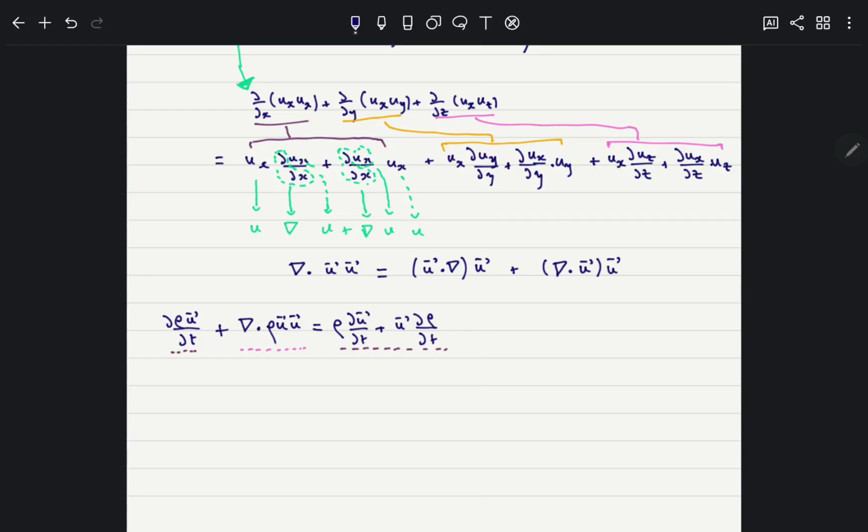Well, according to what we've just written, there's going to be plus rho times, so here we have u dot nabla times u, and plus rho u, oops, sorry, no, it's correct, plus divergence of the velocity times u.